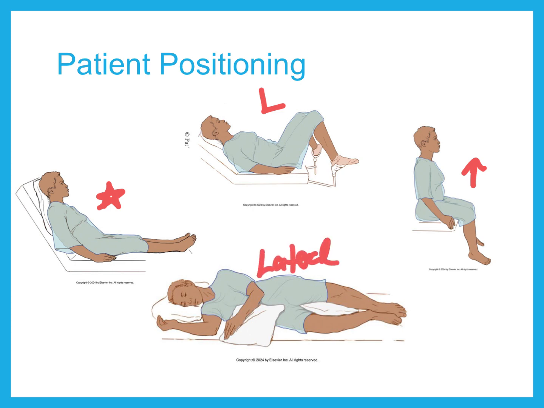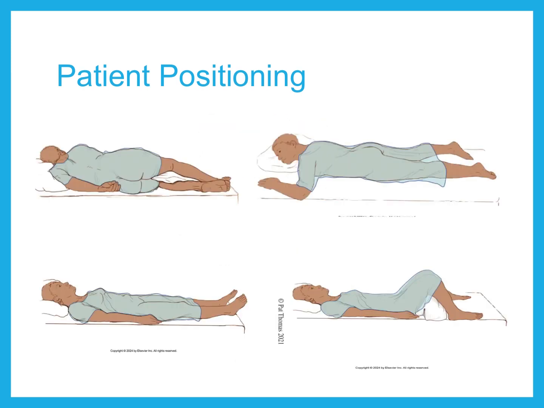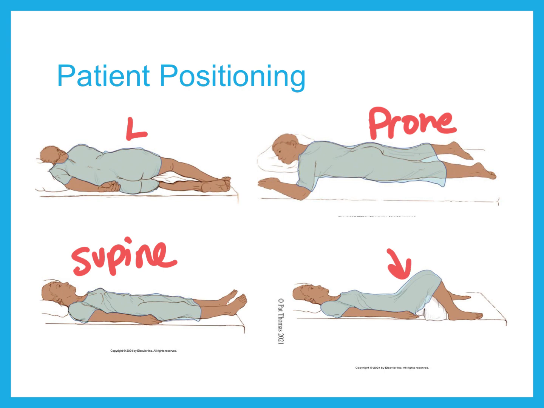Lateral position. This is just the opposite view of the lateral. We have prone up here, face down, supine, face up, and then we have a knee flex position with this one. This is what we're going to put our patients in for their abdominal exam.